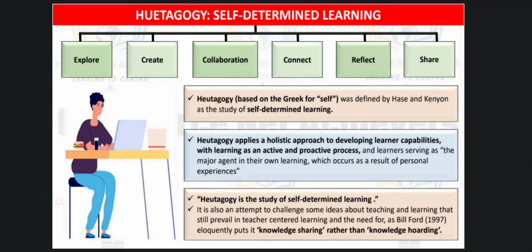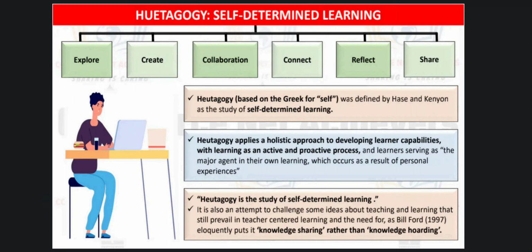Now let's start with heutagogy, which is called self-determined learning. In this we include explore, create, collaborate, connect, reflect, and share. Heutagogy, based on the Greek word for self, was defined by Hase and Kenyon as the study of self-determined learning.